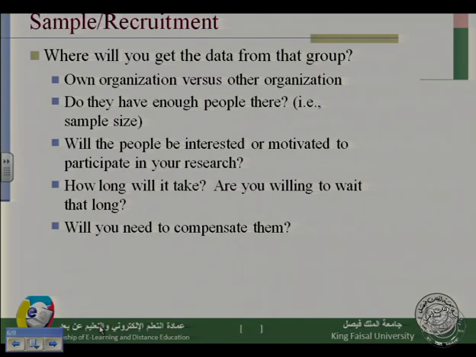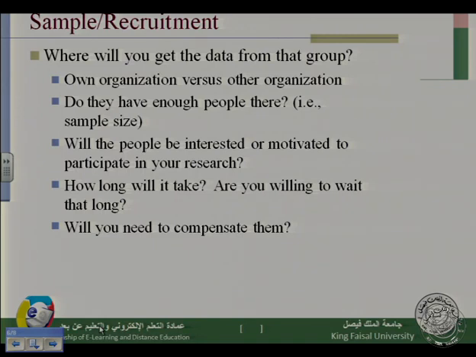Own organization versus other organization, and this is very important. Are you going to conduct the study in your own organization? If you are a teacher, are you going to conduct this in the school that you are teaching in? Because it's different and difficult to go to other schools to conduct your study. Why?